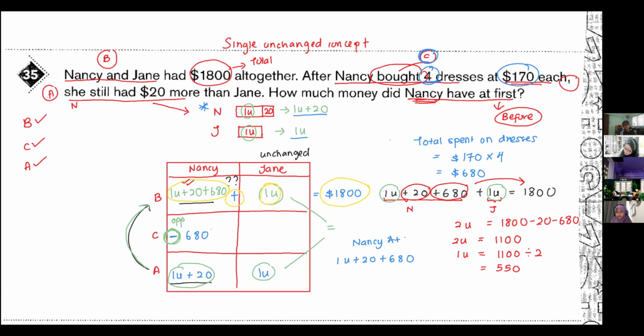Nancy at first equals to, I know what my 1 unit is already, 550, right? So 550 plus 20 plus 680, and I will get 1250. Answer. Okay, so this is single unchanged concept together with working backwards concept. All right.